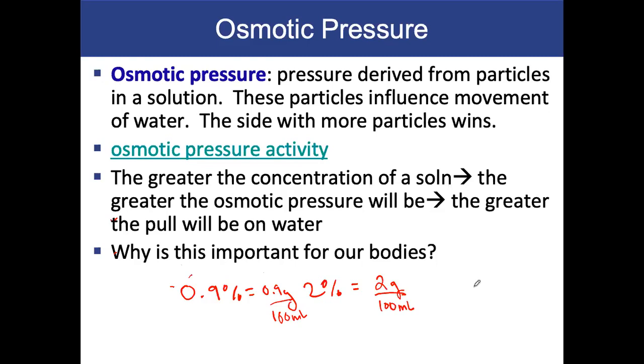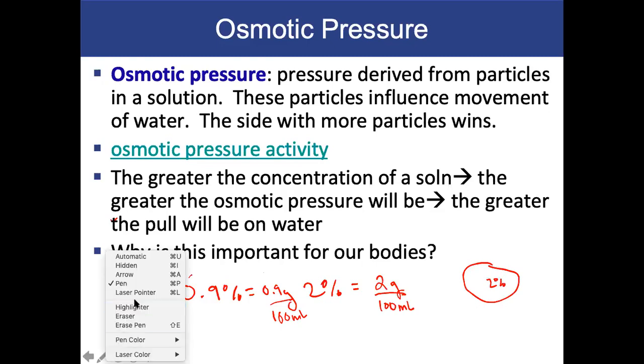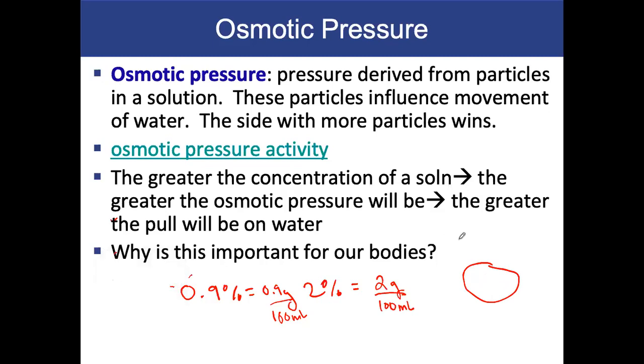So if we had a cell, 2%, actually, let's do it this way. Let me erase that. If we had a cell, so our body cells are 0.9%, always.